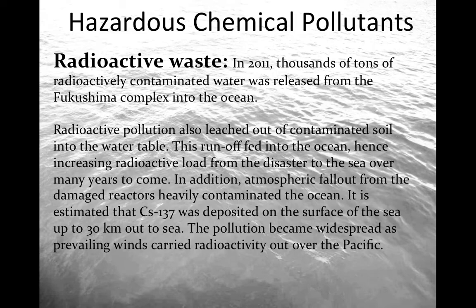In addition to this, we also had something called atmospheric fallout, which is when little particles of radioactive matter are dropped directly onto the ocean. One radioactive particle, CS-137, was found approximately 30 kilometers out into the sea just from this one incident. After that, it became widespread because the winds carry that radioactivity everywhere. So it became a very prevalent problem in all of the Pacific Ocean.